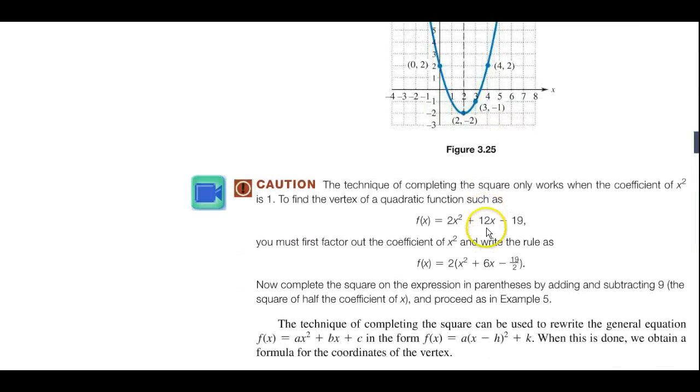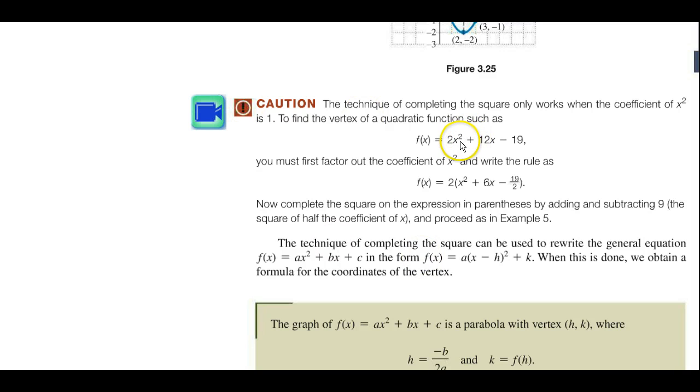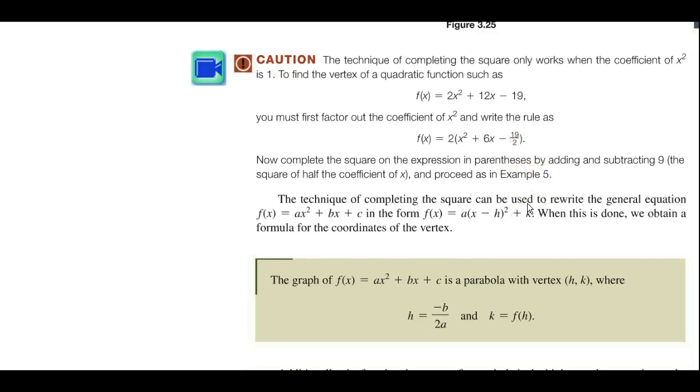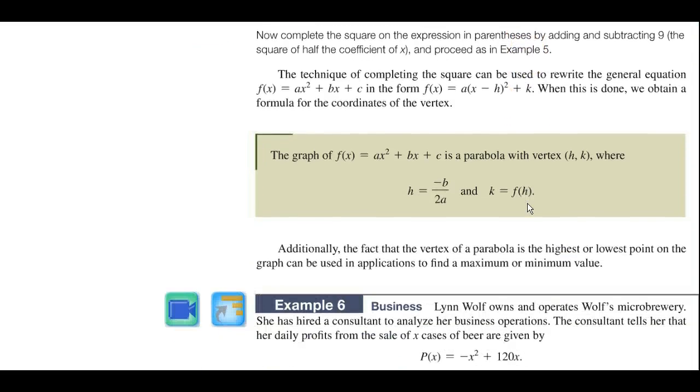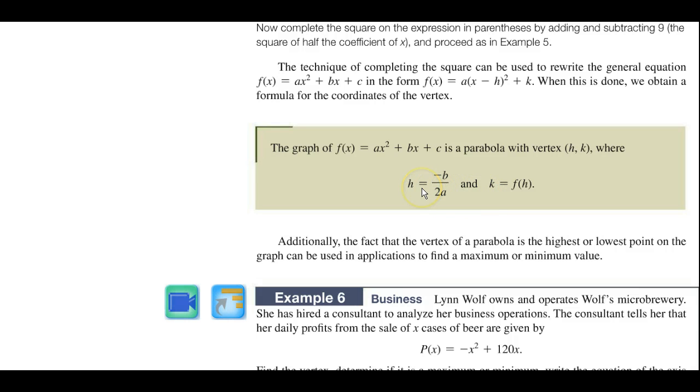Now, when we are doing a function that looks like this, in order to put it into this form, it's much more tedious because we have to factor out the 2 here so that it looks like so, and then do the completing the square. And here finally they are telling us what the vertex value of h, or in this case our x value, is.